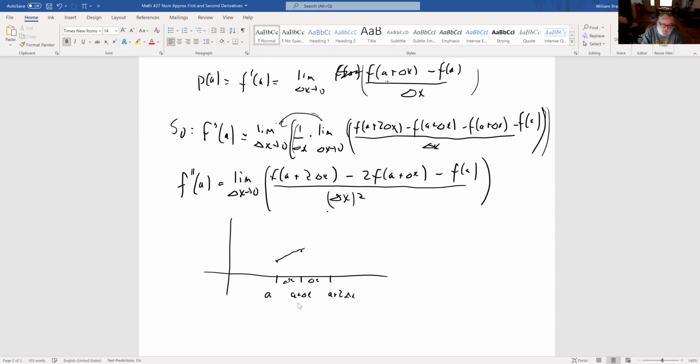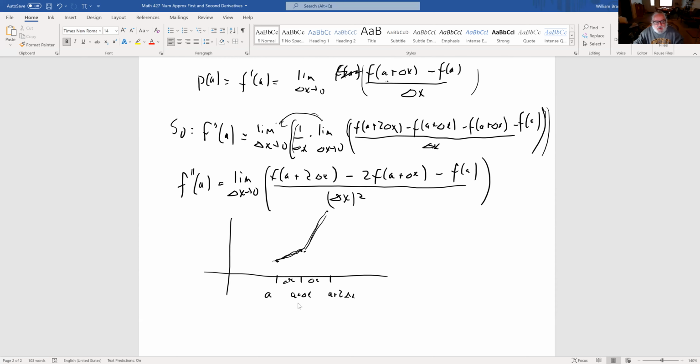So we take this and that, and we want to be able to read off the concavity at the middle point. It's looking at, approximating, the difference between these slopes a little bit.